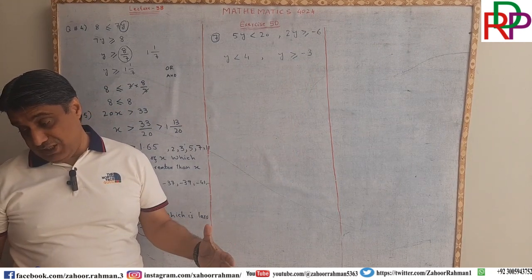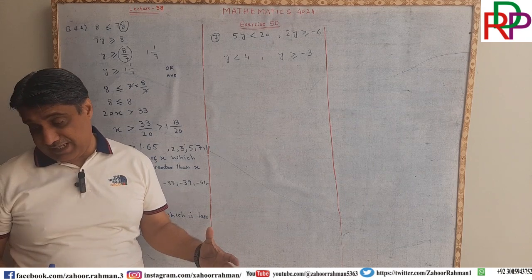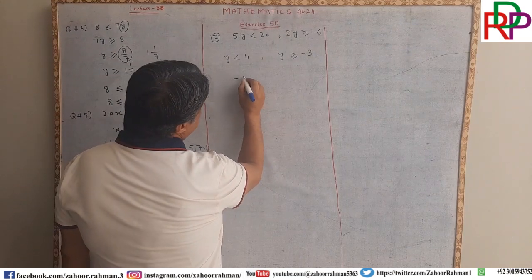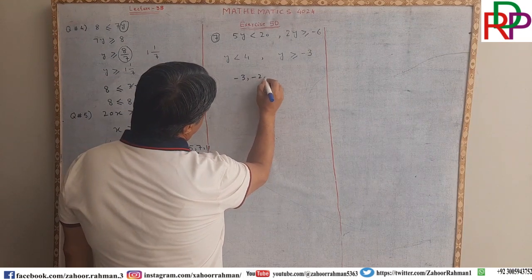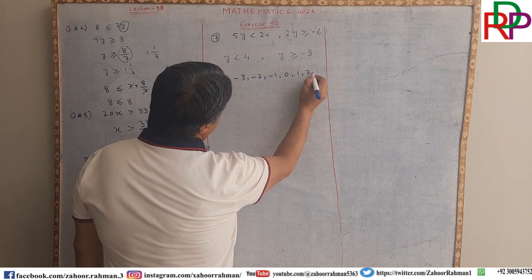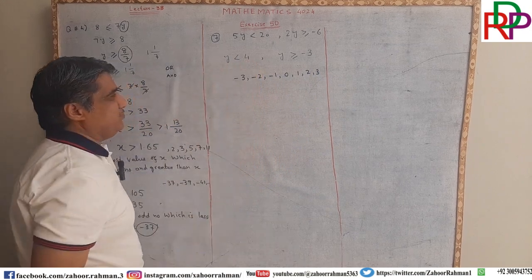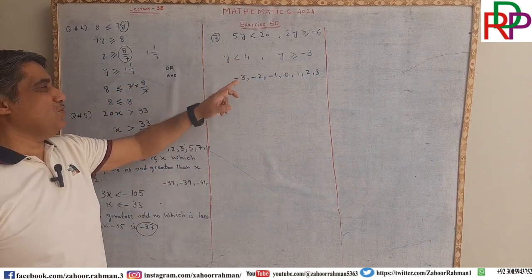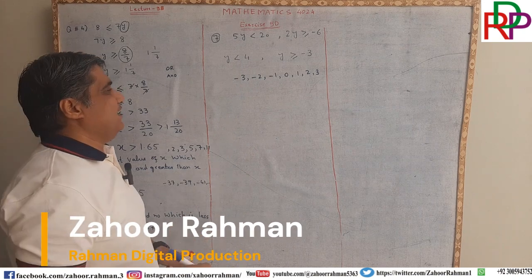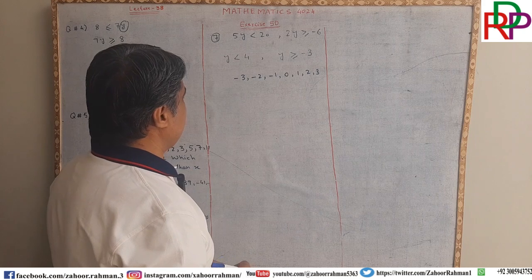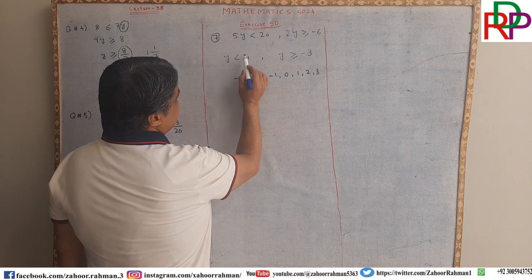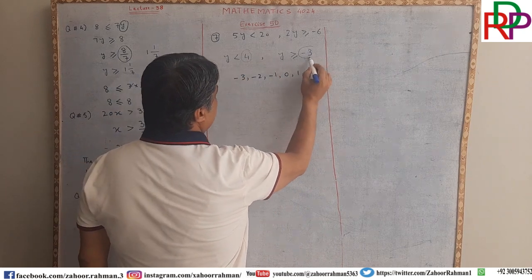Yes, there is no equality symbol in the first case. So y is minus 3, minus 2, minus 1, 0, 1, 2, and 3. 4 is not included because there is no equal symbol. So it means 4 is exclusive.